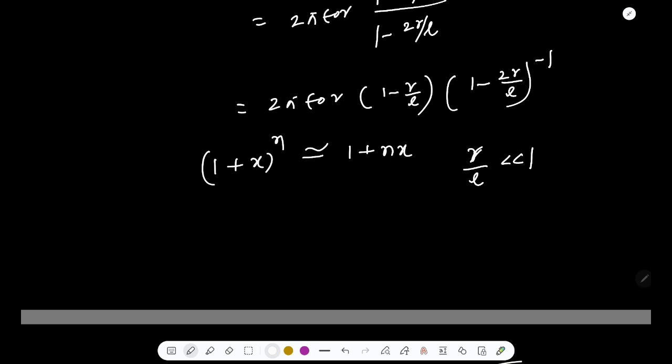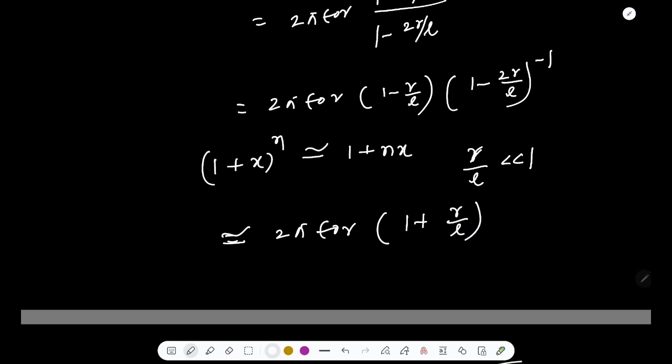Expanding the expression and simplifying, you will get a result that is approximately equal to 2 pi epsilon naught R times (1 plus R by L) up to first approximation.